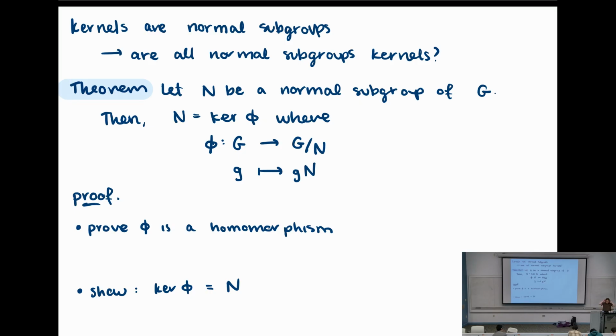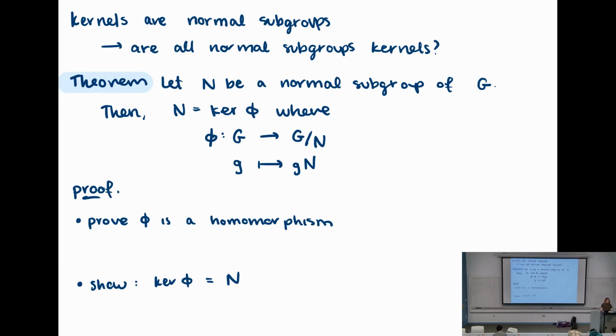Okay, let's prove the theorem. So to show that it's a homomorphism, all we need to do is show that it's operation preserving. So we'll compute phi of AB. This is equal to the coset corresponding to AB, so this is AB times N. And then by the way the group operation is defined in G mod N, this is equal to AN times BN.